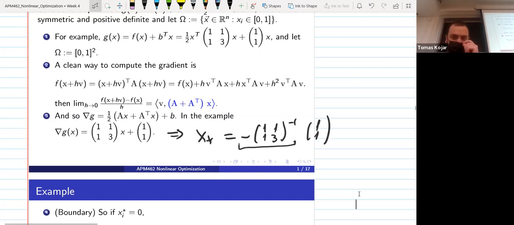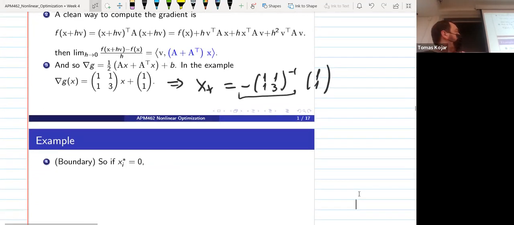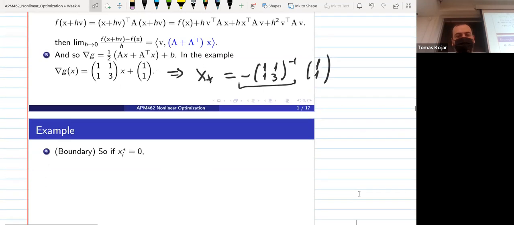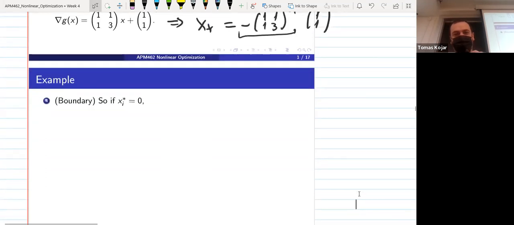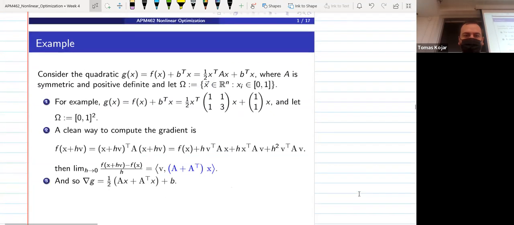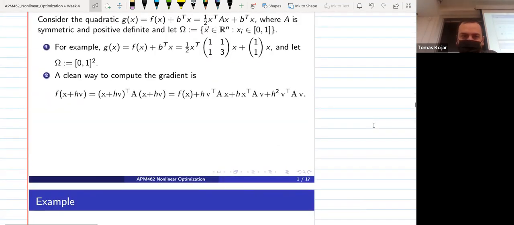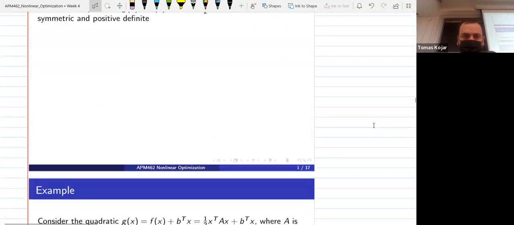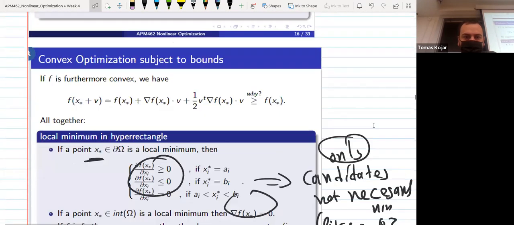All right. So then we will use our theorem to compute this. Let me go back to our theorem very quickly. Yeah, this is our theorem.